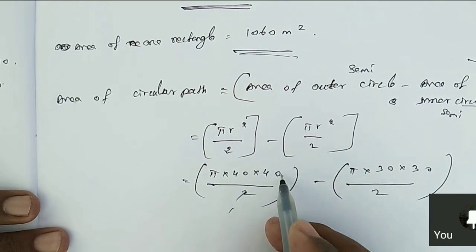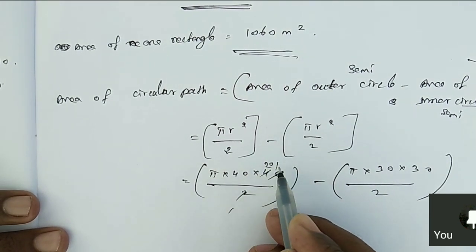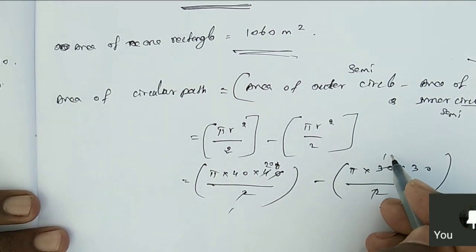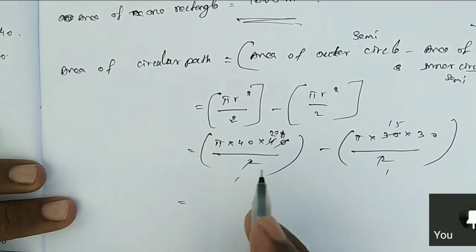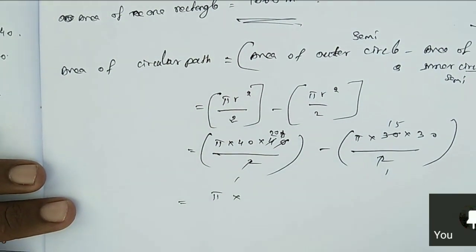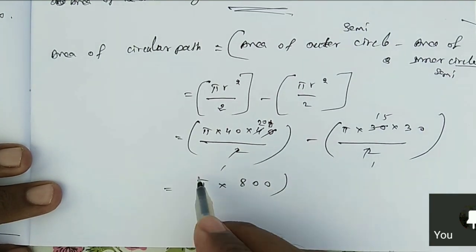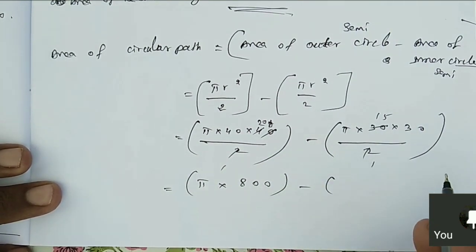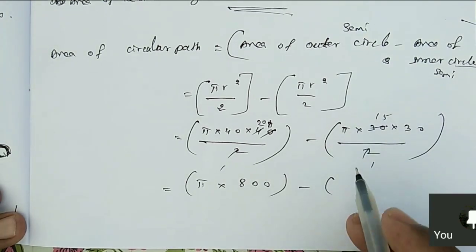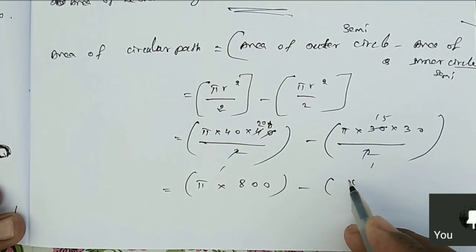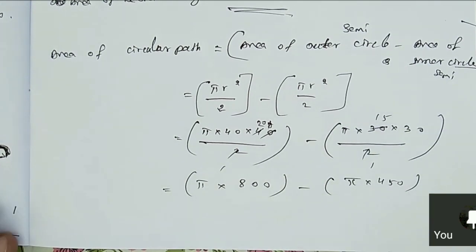Now we can cancel it: 20, right? Here 15. So pi into 20 into 40 is 800 pi, minus 15 into 30, so pi into 450. Clear?